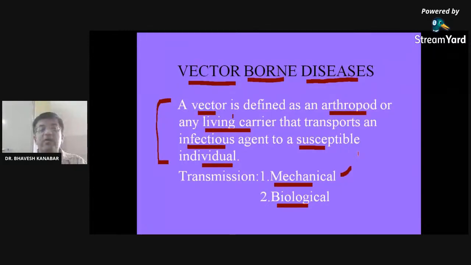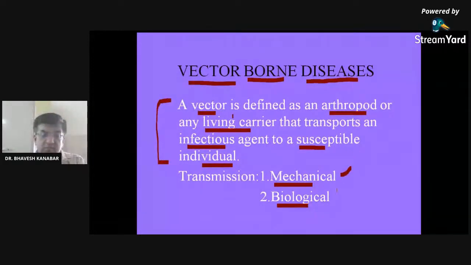That is called mechanical transmission. Here, microorganisms which cause disease are transmitted from the garbage to our food through the legs of the housefly.